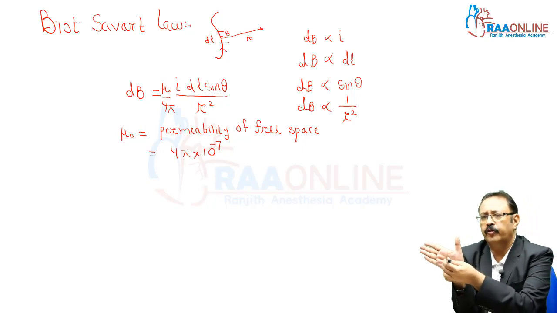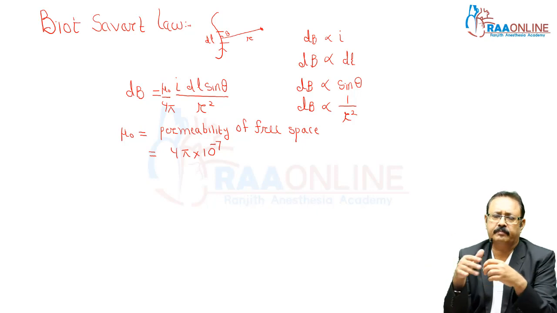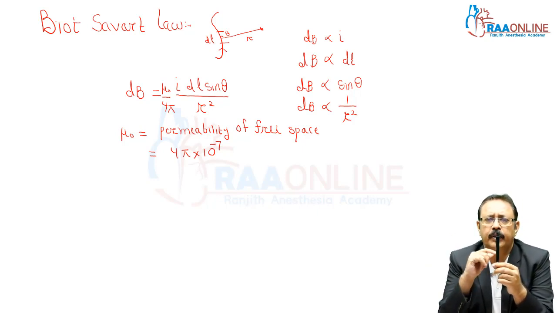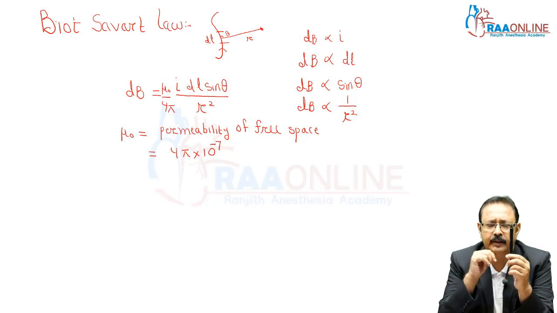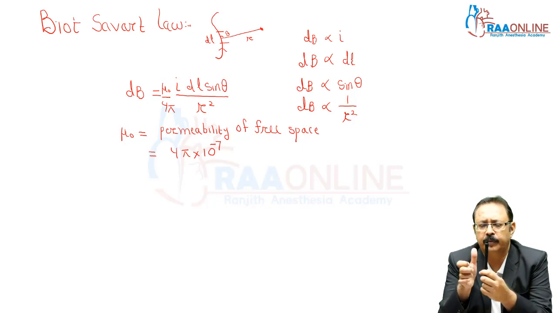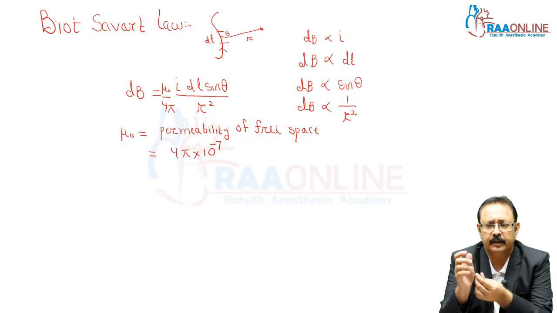The line coming out from your palm will represent the direction of magnetic field. And around the conductor, if you want to calculate direction of magnetic field, right hand rule is applicable there also. Put your thumb in the direction of current, curl your fingers, it will give you the direction of magnetic lines of force. Curl of fingers will give you the direction of magnetic field.